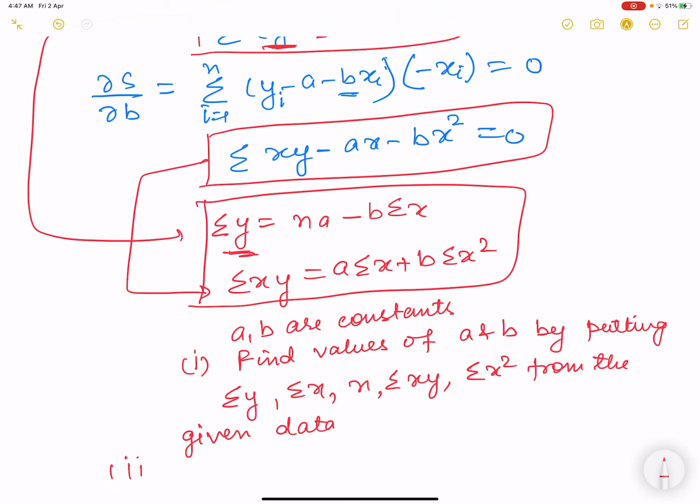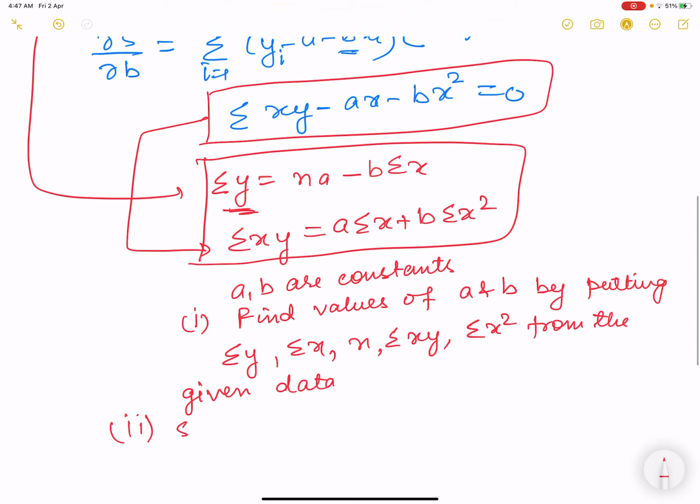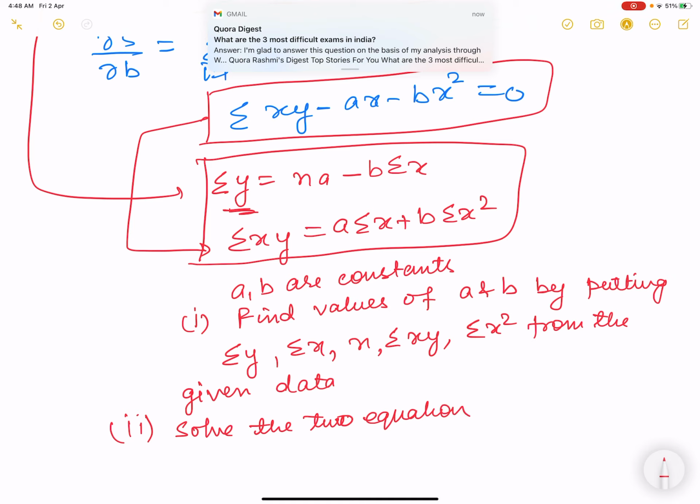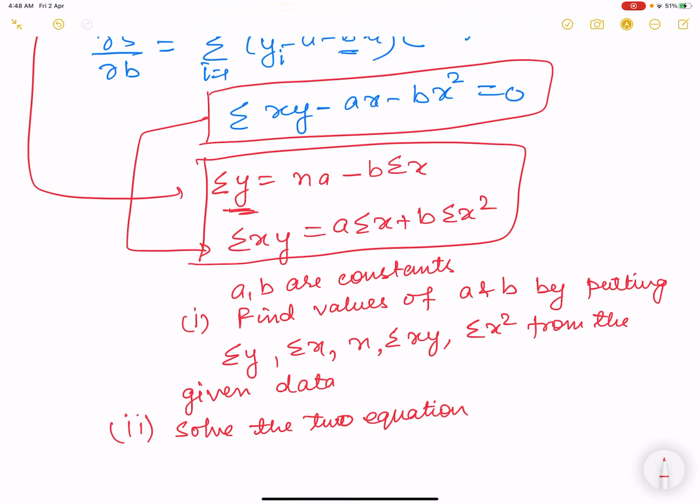The second step is to solve the two equations to get the values of a and b.